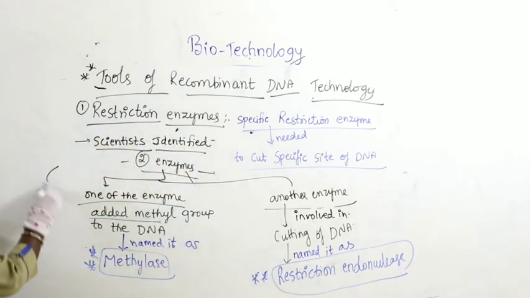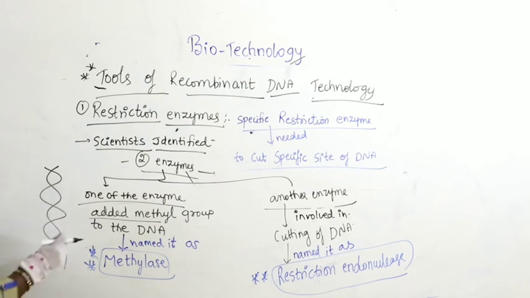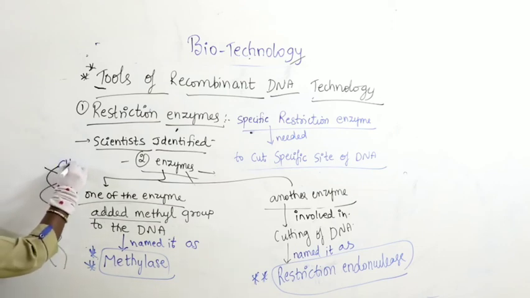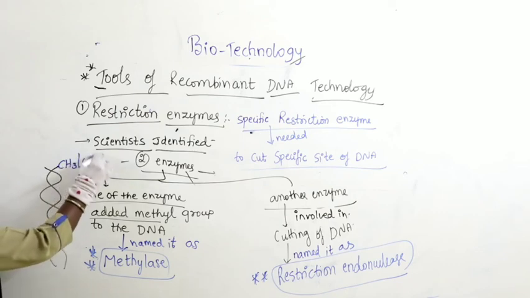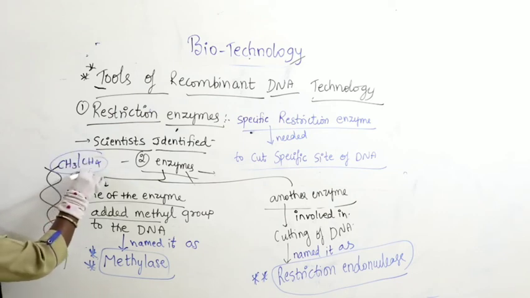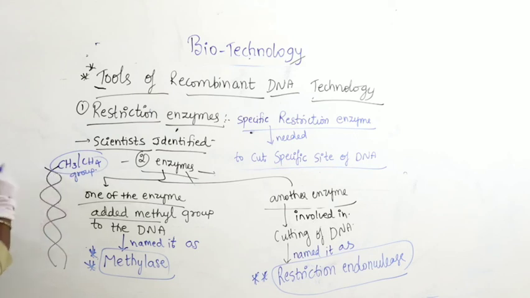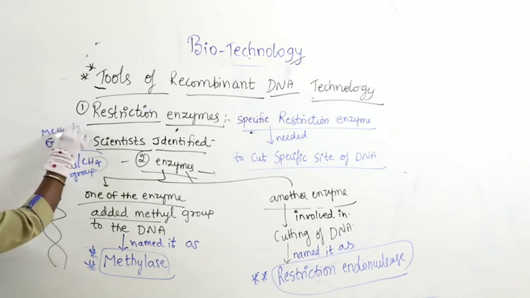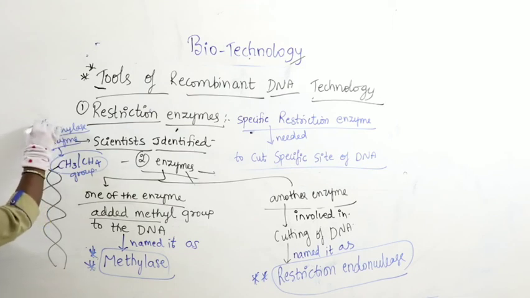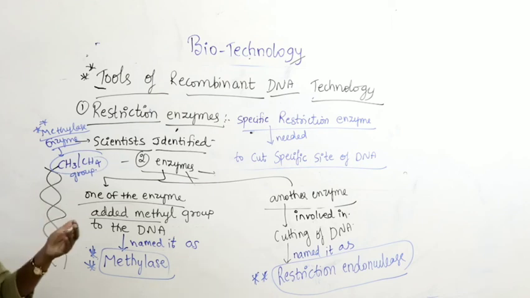If this is a DNA strand, one of the enzymes is trying to add a methyl group, so that enzyme responsible for adding methyl group is called methylase. Because when a methyl group is added, the DNA will be more stabilized, it gets more energy.